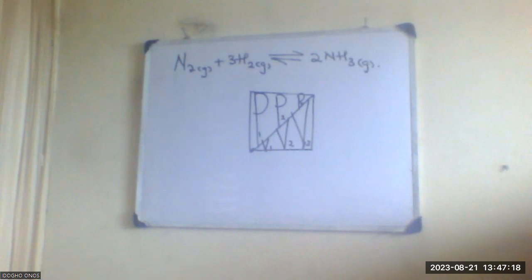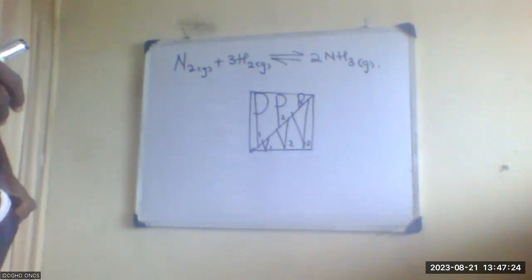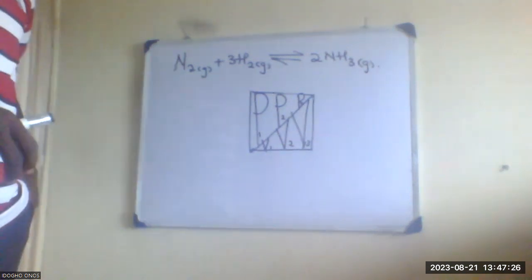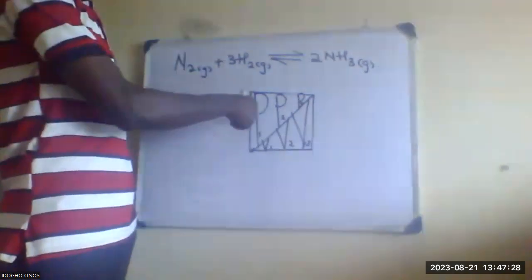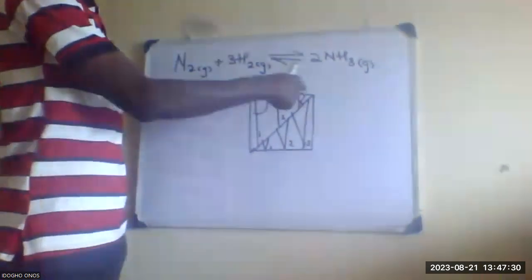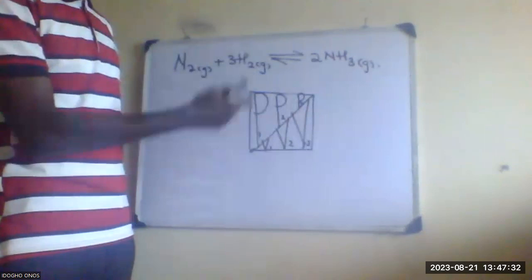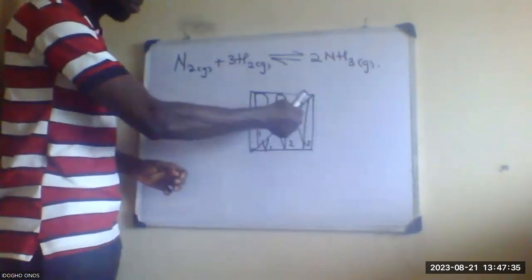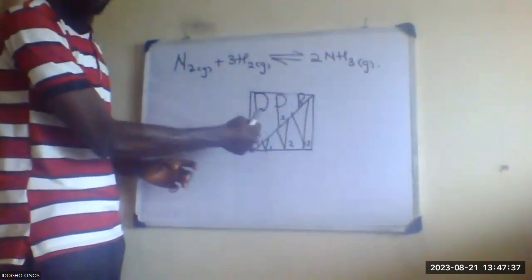As the pressure is going higher, the volume is reducing. As pressure reduces, volume increases, or as the volume is reducing, pressure is increasing.